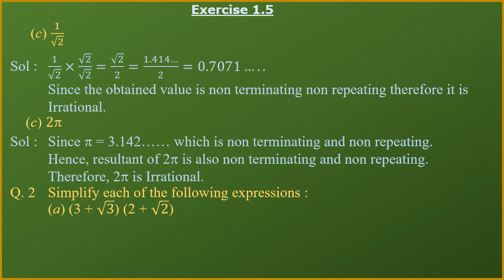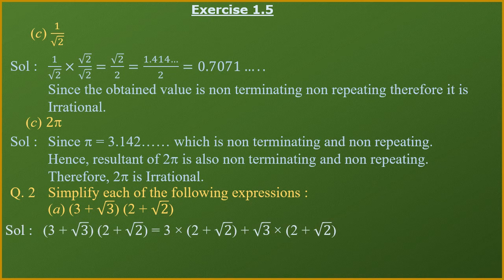So first of all, from the first bracket I will take both the terms one by one, and I will multiply each into the second bracket in this manner. From the first bracket I have taken 3, and I am multiplying it in the second bracket, 2 plus under root of 2. Similarly, from the first bracket I have taken root of 3, which I am multiplying again in the second bracket.